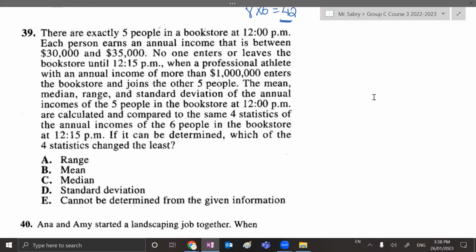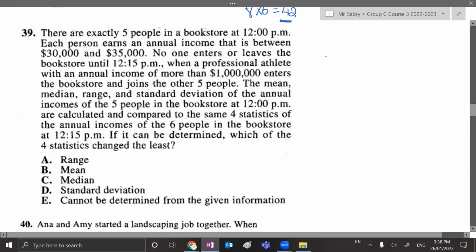So just to avoid the confusion that they're trying to put you in, disregard entirely the fact that this is an athlete and a bookstore, and so on. Just understand that there were 5 data points, and those data points were between 30,000, the least one, and 35,000.